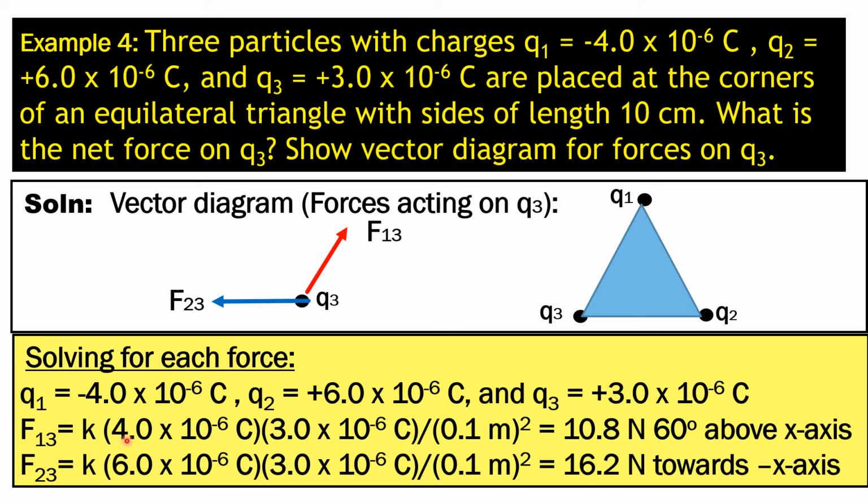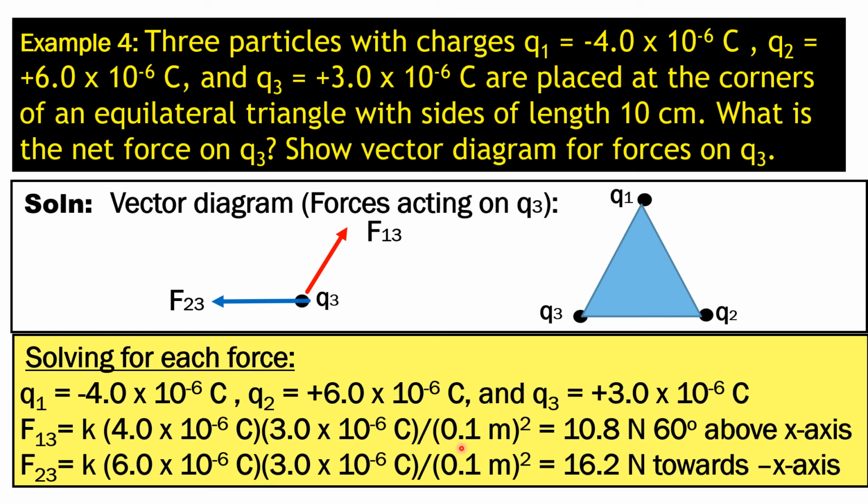So 4 raised to the negative 6 coulomb, that is the charge Q1, just the absolute value. We do away with the sign. And for charge Q3, we have 3 raised to the negative 6 coulomb, divided by how far apart they are.